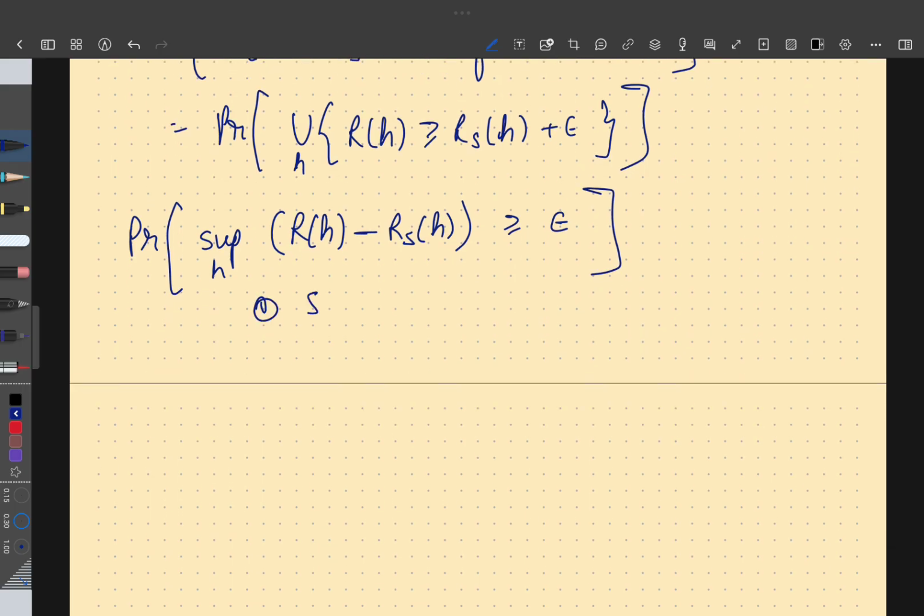So first, we'll show that this function over here satisfies the bounded differences property, and hence concentrates. So we can prove a concentration bound.